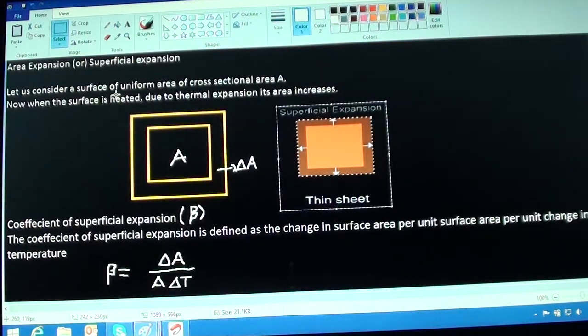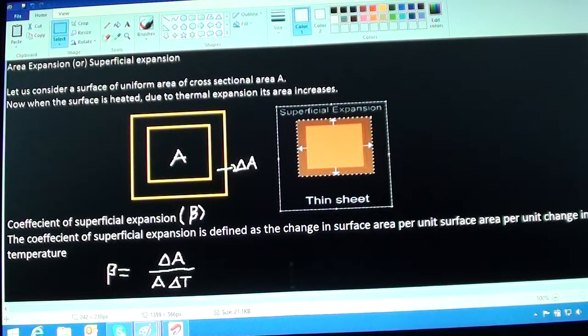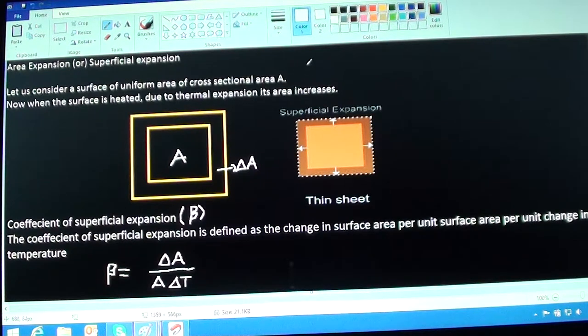Now let us get to the second one, area expansion, also called superficial expansion. In this, there is an increase in the area of the solid.